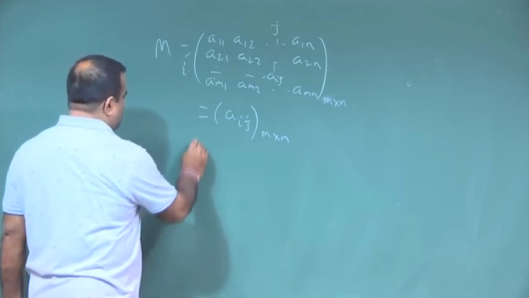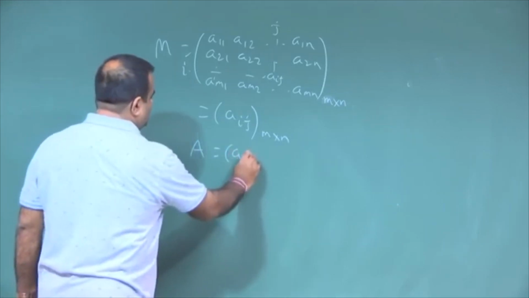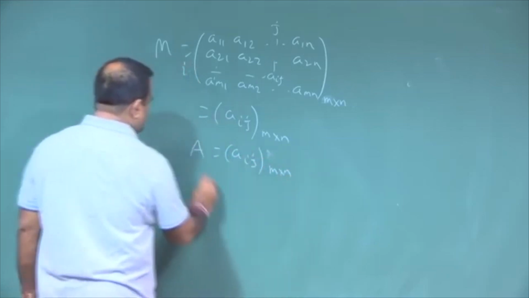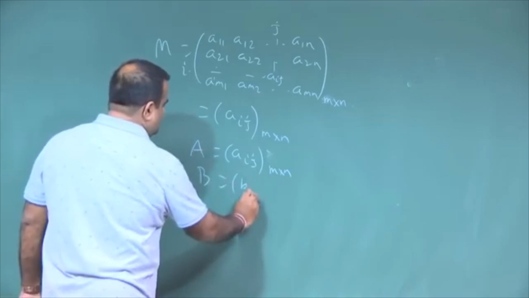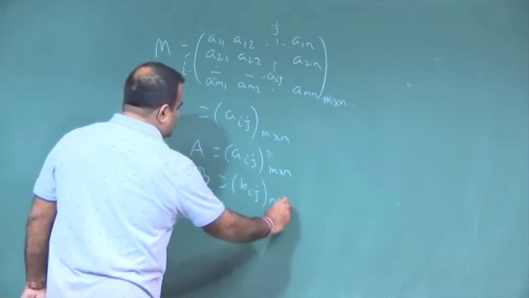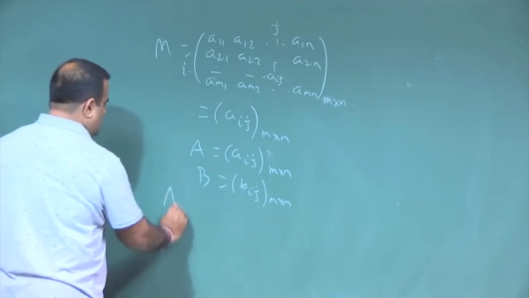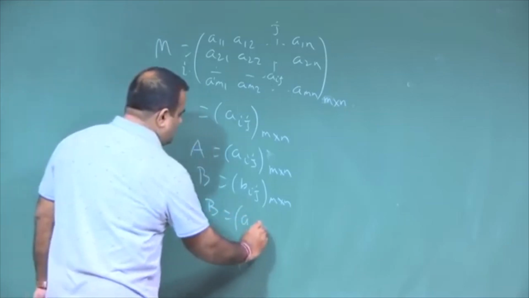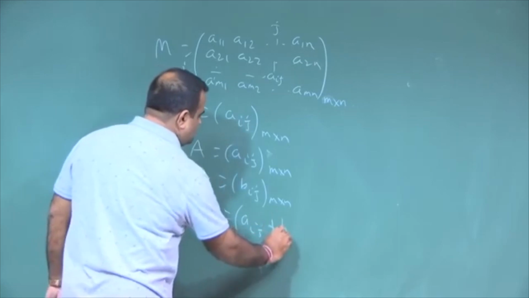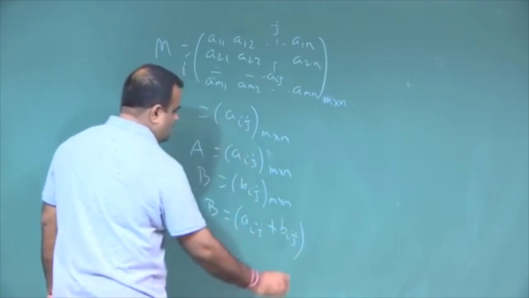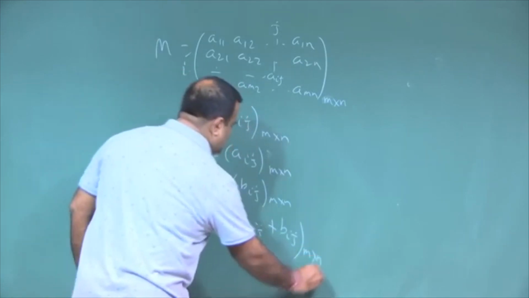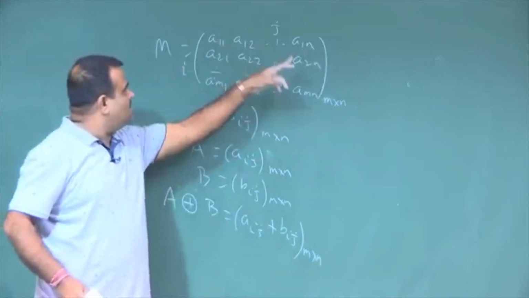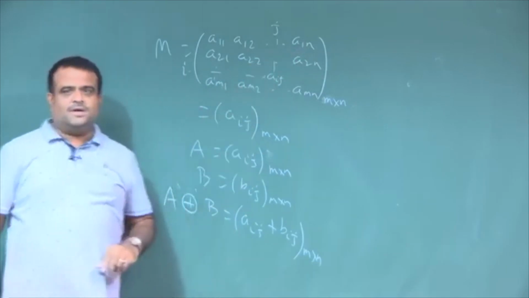If we have two matrices, A is a matrix, and B is another matrix of the same size, then the matrix sum is basically the corresponding entries Aij plus Bij. This is the matrix addition we know. We add the corresponding elements and it forms the matrix addition.